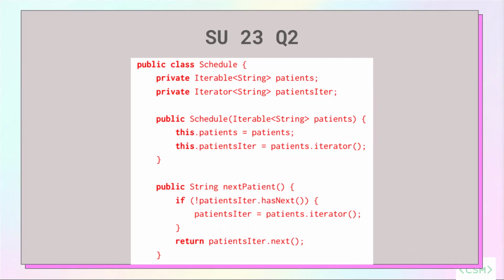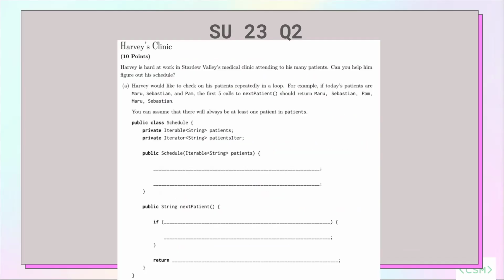I'm a bit confused, why do we have to replace it with another iterator when it doesn't have to get any next item? Yeah, that's a really good question.